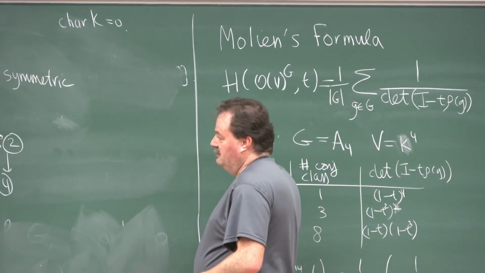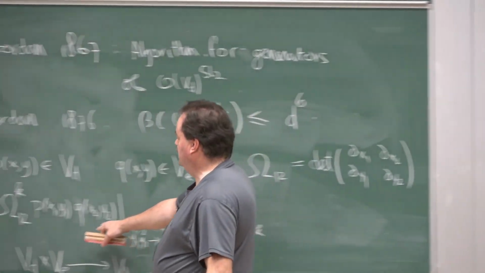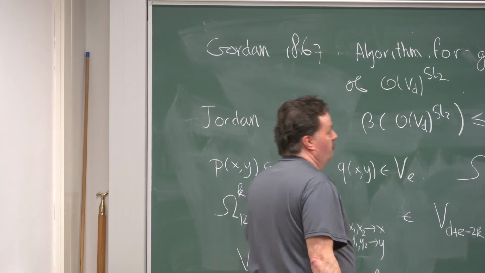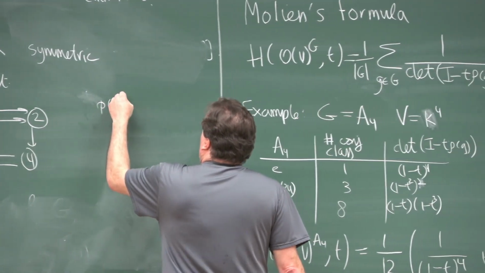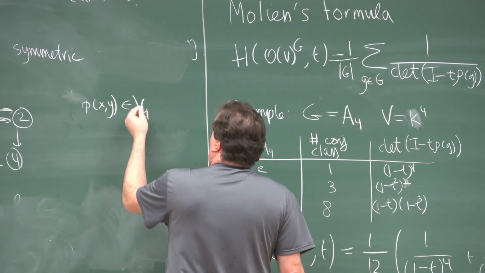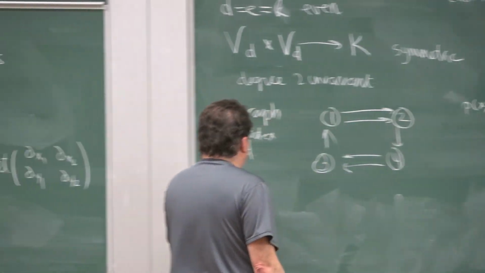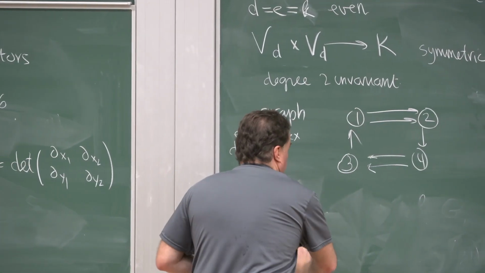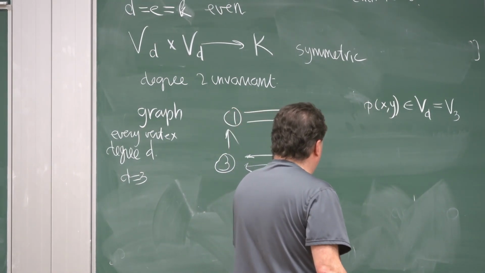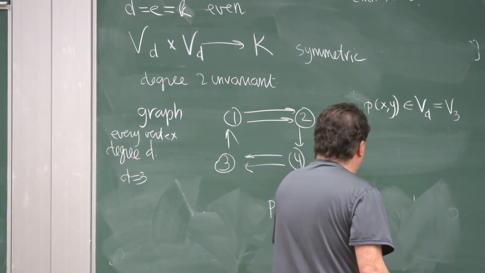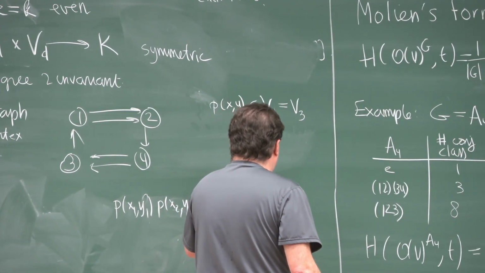And now we can associate an invariant to that. I can do the same trick here. I'm only going to use one form, so I have some form P(x,y) in V_d, and in this case, d is equal to 3. And I'm going to take P(x1, y1), P(x2, y2), P(x3, y3), P(x4, y4).